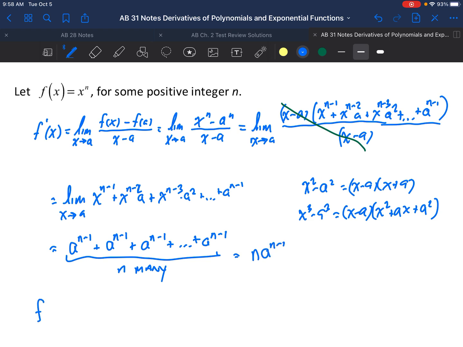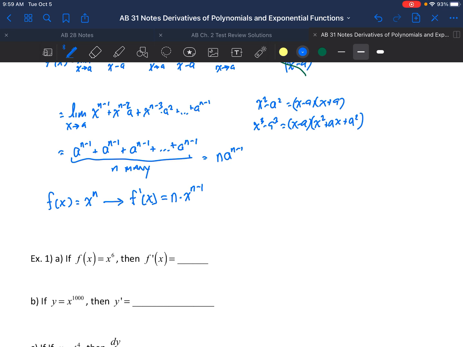Ooh, so if f of x is x to the n, we're going to have f prime of x is always going to be n, the exponent, multiplied by x to the n minus 1. We subtract 1 from the exponent. Isn't that convenient? So let's take some examples.